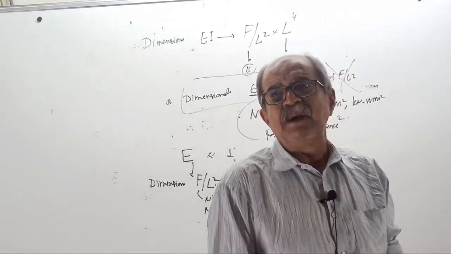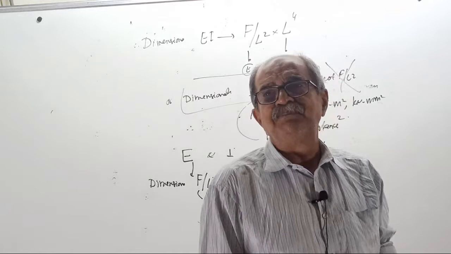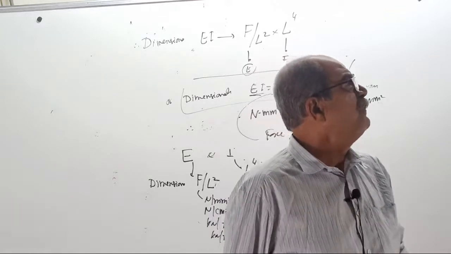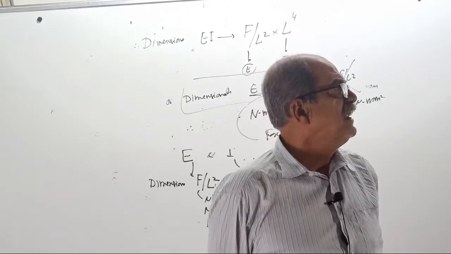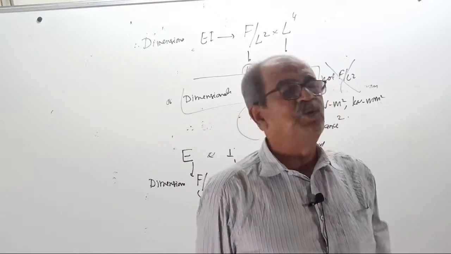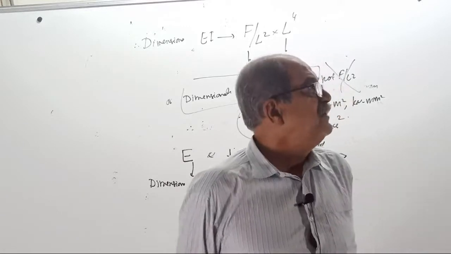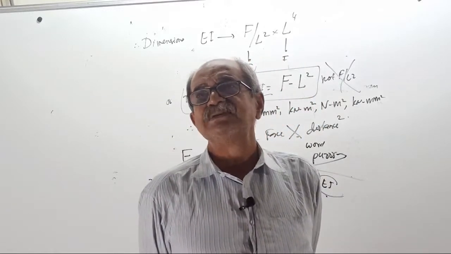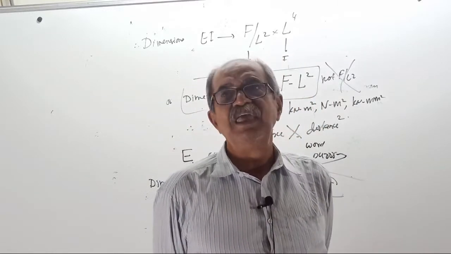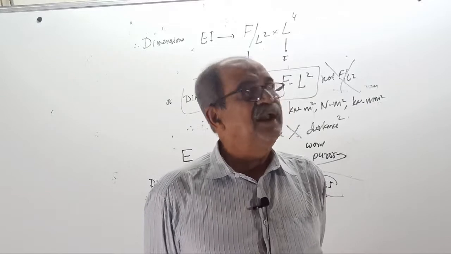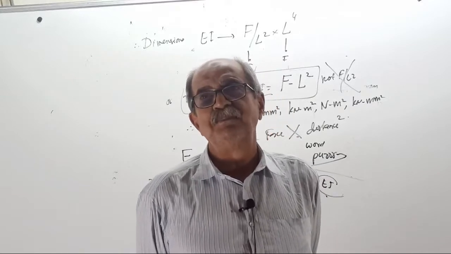In future, sometime deliberately, I will write per. Student will tell, sir, no per. Then I will tell him, who told you? Sir, you only told. Okay, I wrote deliberately. Because even in MTech papers, I have seen EI given in Newton per mm square or kilonewton per meter square.